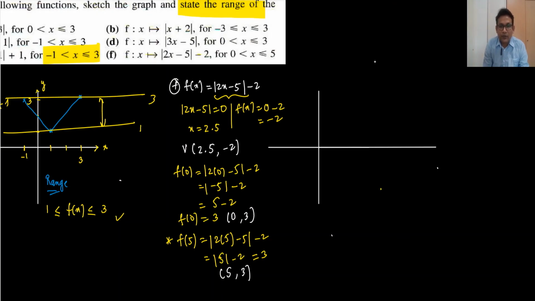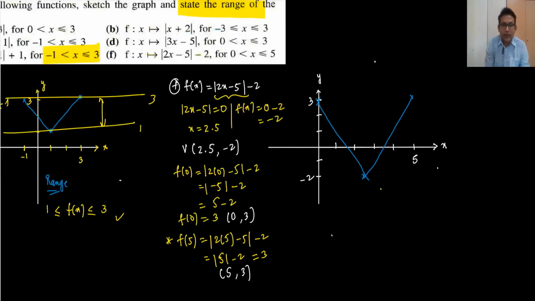So the domain is from 0 to 5, 1 2 3 4 5, and y goes from minus 2 to 3. Now for the sketch, the vertex is 2.5 comma minus 2, which is something here, and 0 3 is here, and 5 3 is something here. When we join, this is the V-shaped graph, and we have done.